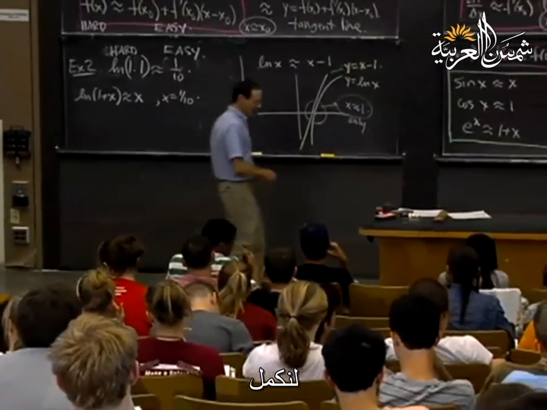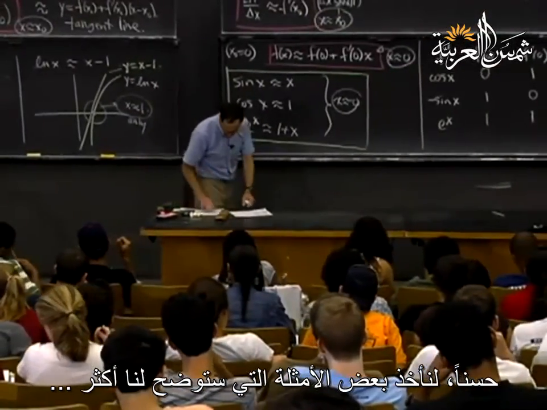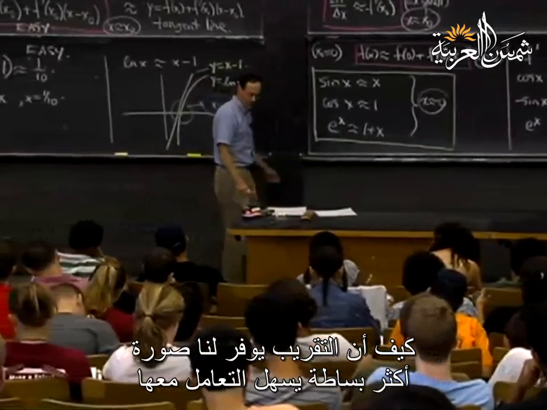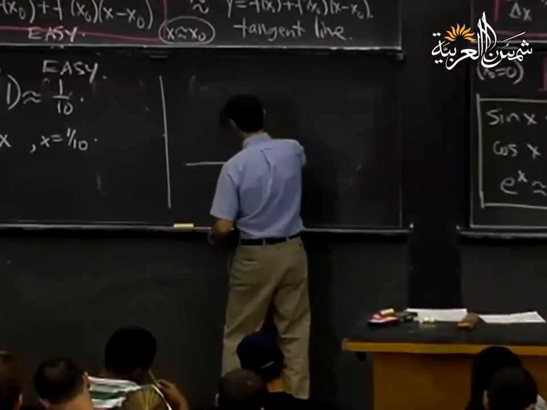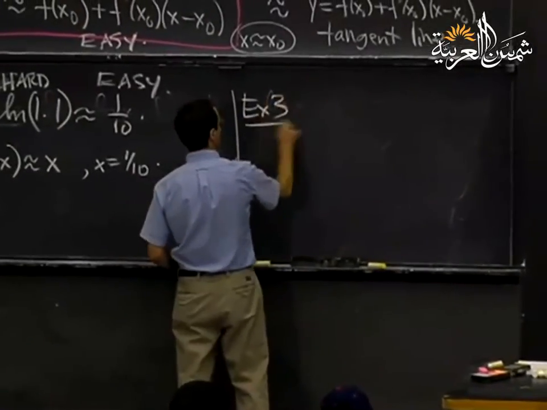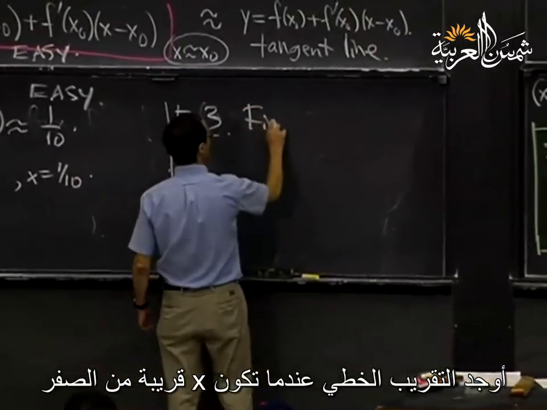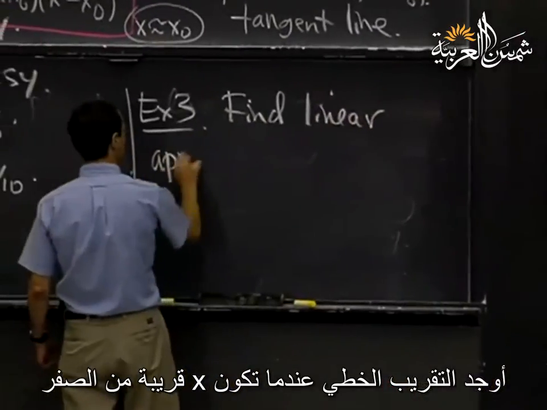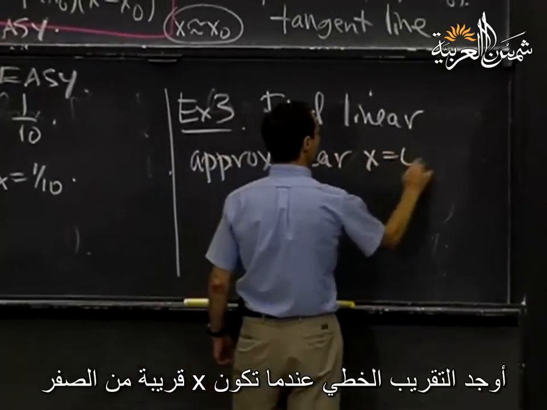Okay. So let's continue here. Let me give you some more examples where it becomes even more vivid, if you like, that this approximation is giving us something a little simpler to deal with. So here's example 3. I want to find the linear approximation near x equals 0.